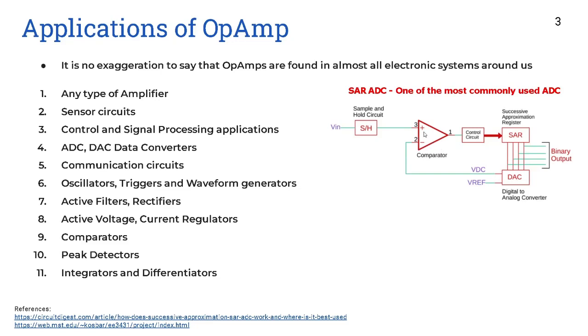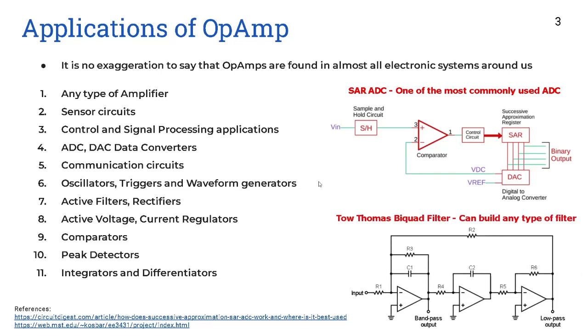So if the plus input is higher, it will output a bit 1, and if the plus input is lower, it would output a bit 0. And this is one of the most commonly used ADCs. It has high precision and low IC surface area, so it's very commonly used in communication circuits as an ADC.